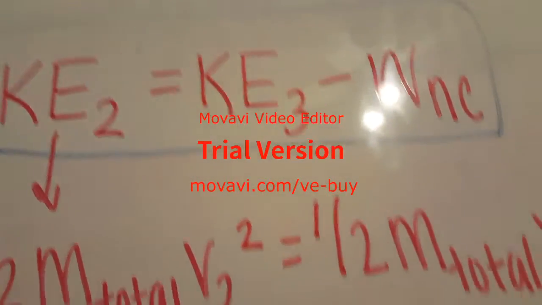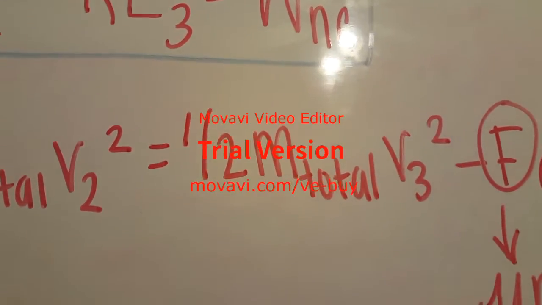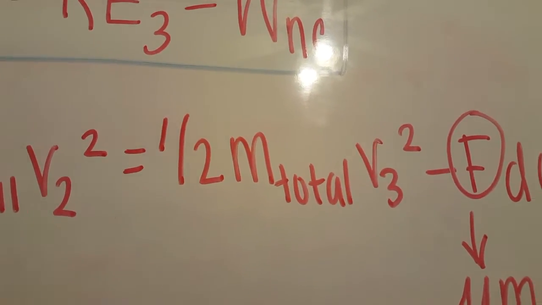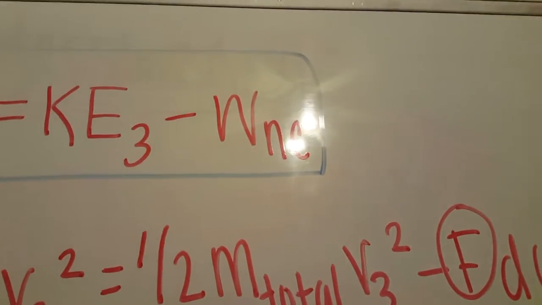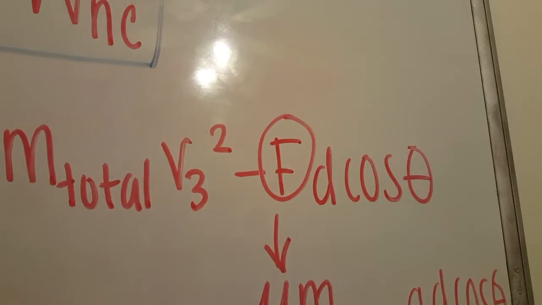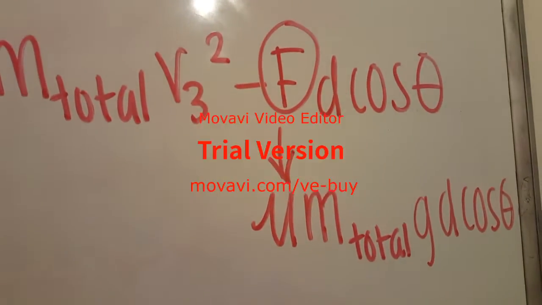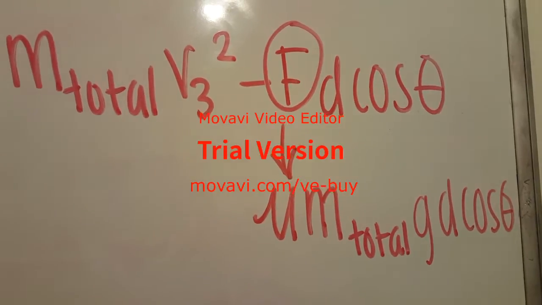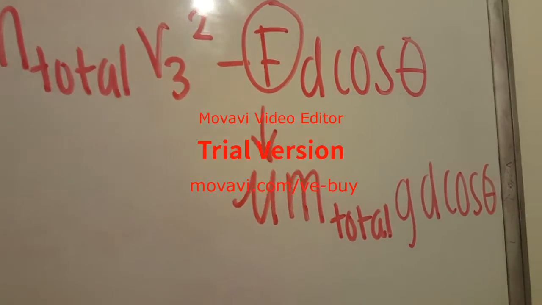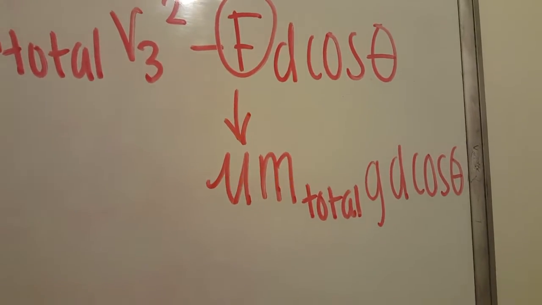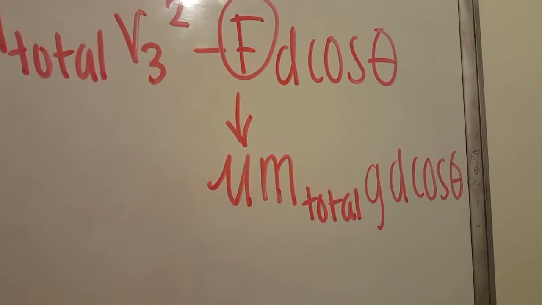Kinetic energy at position 3 is then 1/2 m total times the velocity at position 3 squared, minus the work of non-conservative forces, which is F d cosine theta. Since the force acting upon the system is friction, it equals mu m total g times distance times cosine theta.